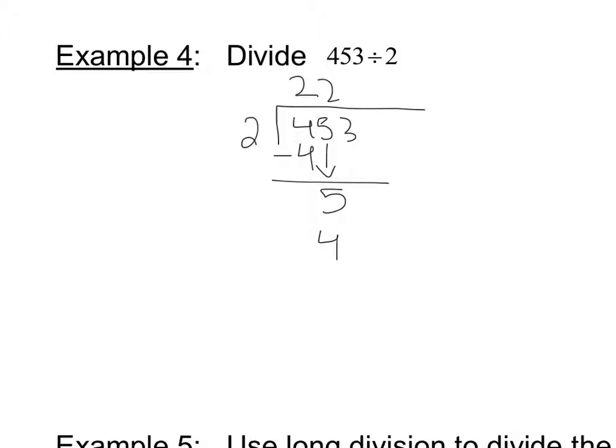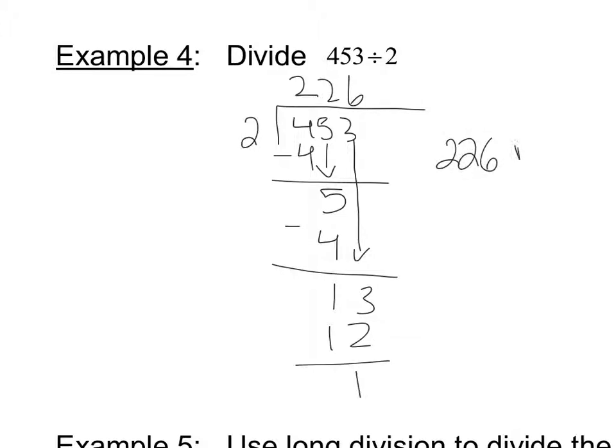Twice. Subtract. How many times does 2 go into 13? 6. And so remember, this would be 226, remainder 1. We'll talk about what to do with remainder, but we're going to have to do this with polynomials. It's called long division, okay? So let's take a look.